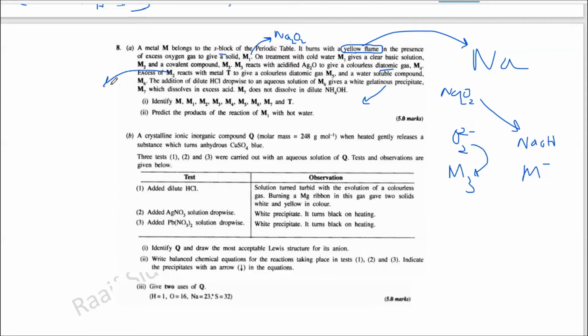We already know it is NaOH, from the basic solution, and it reacts with metal T to give the diatomic gas M5. We don't know what metal T is yet. What could T be?